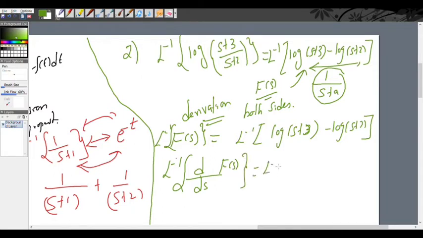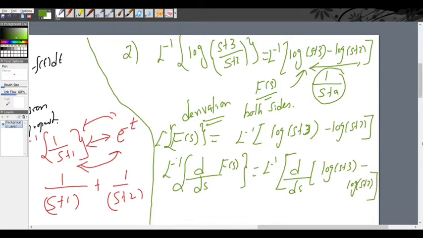As I said, take differentiation on both sides: d by ds of log(s plus 3) minus log(s plus 2).